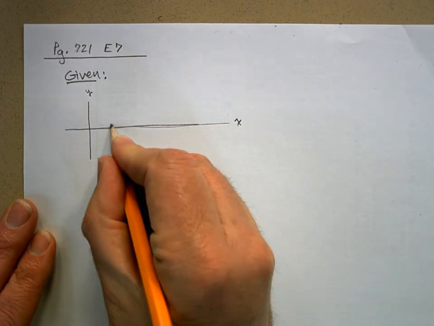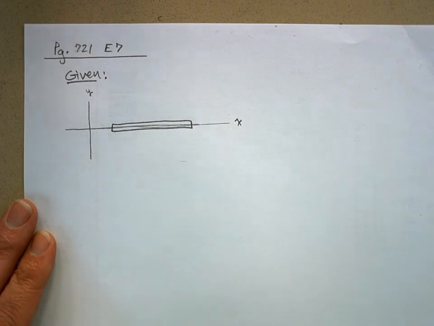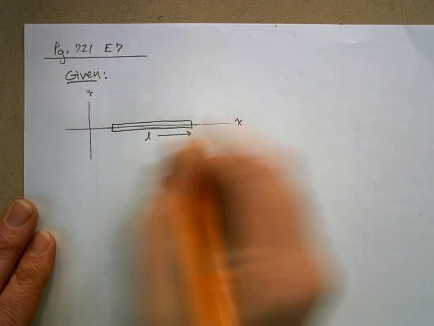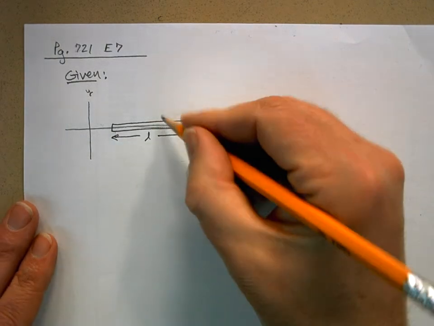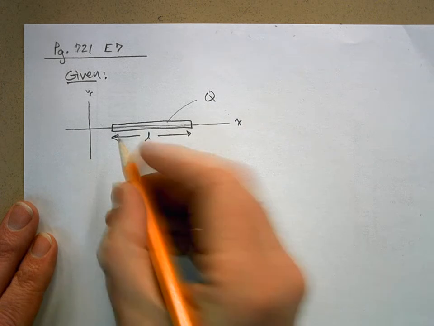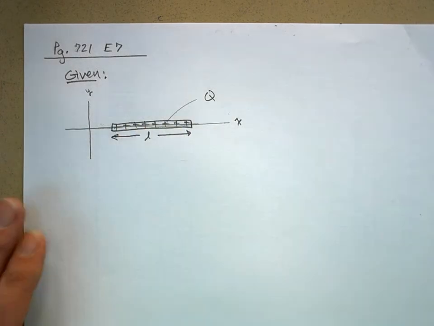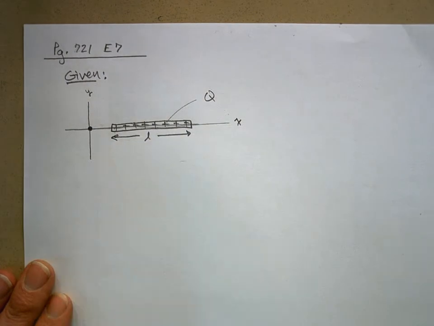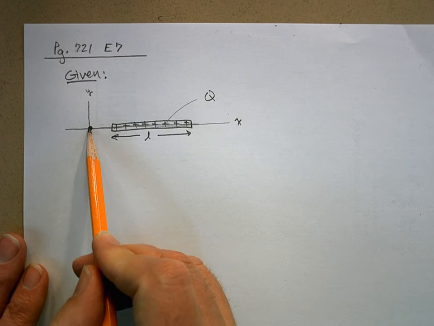And what I'm going to do is I've got a rod of some length, and I'm going to say this has a length of L. And it's got a certain total charge on it of Q. And so we've spread this charge uniformly across this length. And we want to know, and we decided to put the origin there, what is the electric field at this point right here?